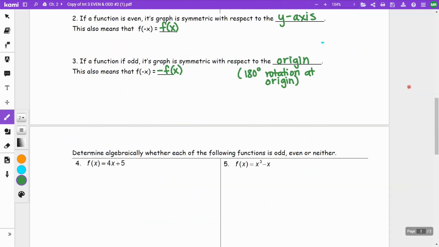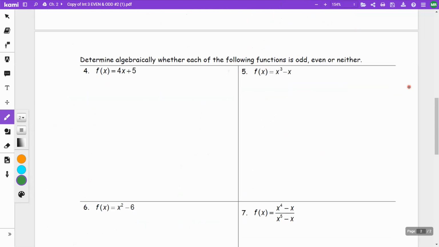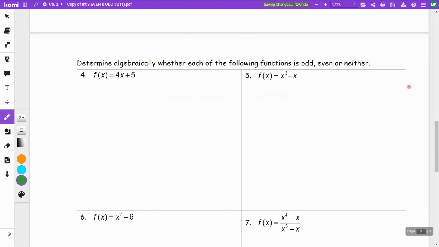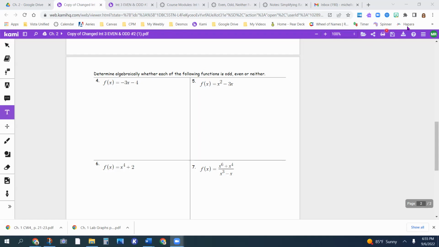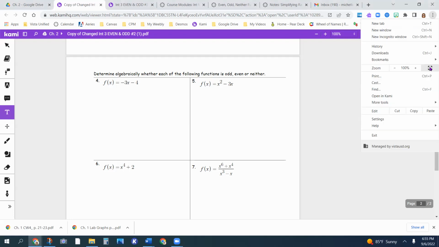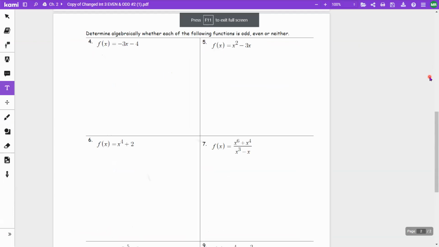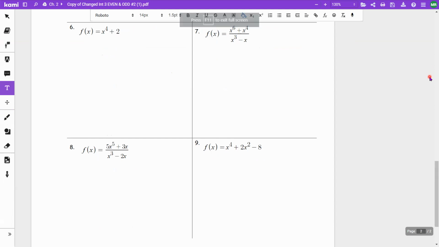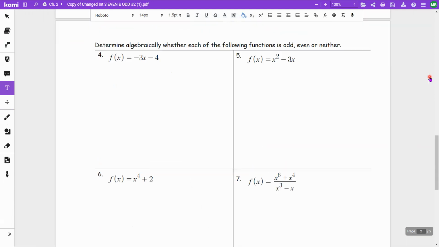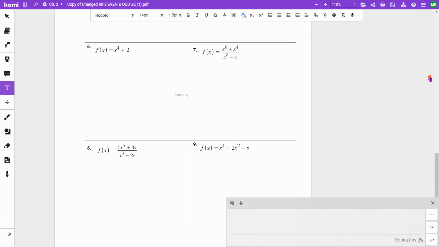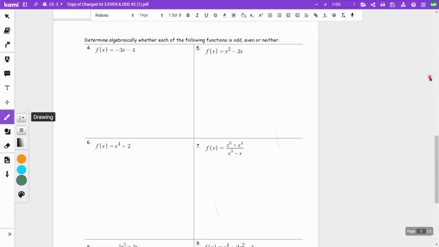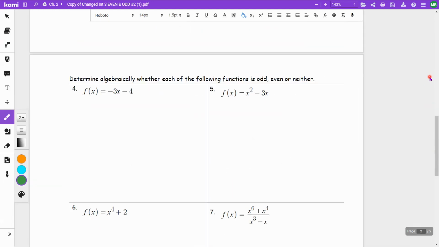Okay. So on these ones, I'm going to be putting in a -x and working these out. So on the back side here, when we're trying to find these algebraically, we again are going to be putting in a negative x.